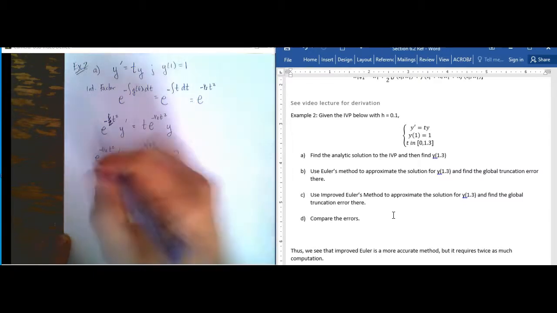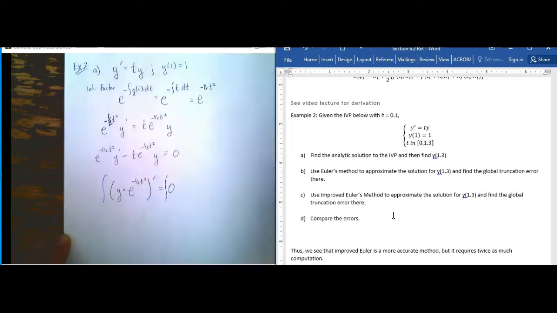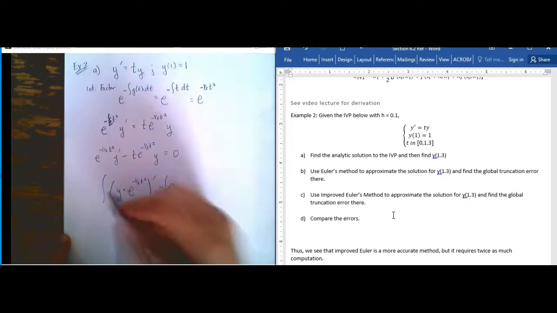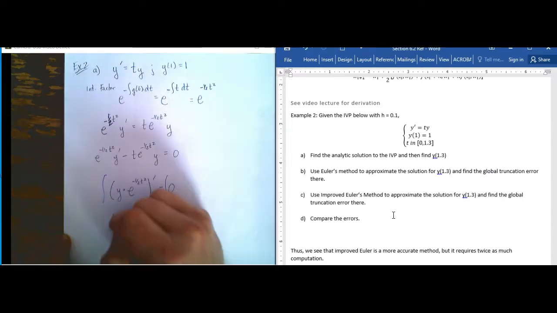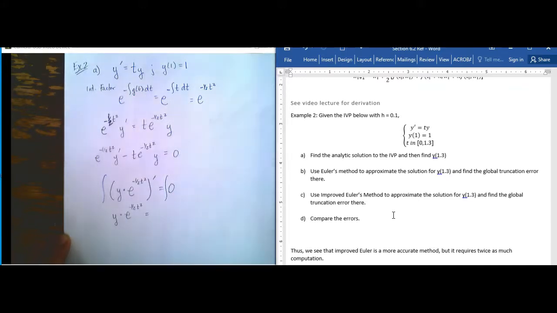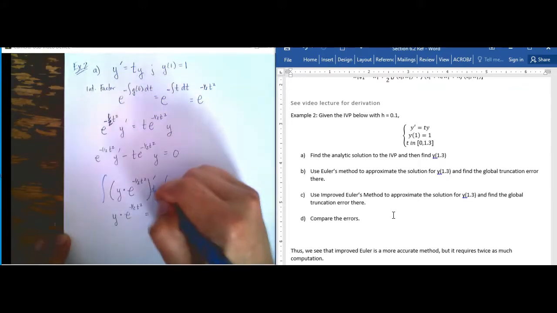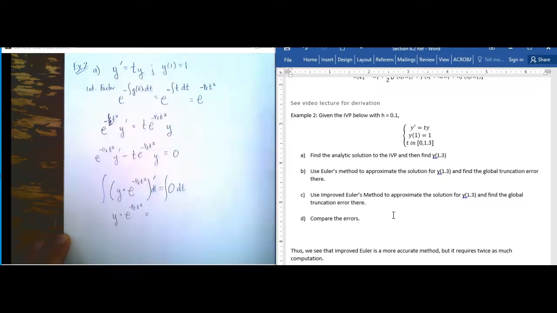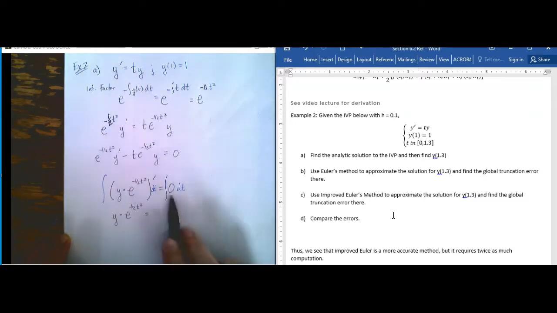Integrating both sides gives us y times e to the negative 1/2 t squared equals, again, we're integrating with respect to t. So the integral of 0 is some constant, right?